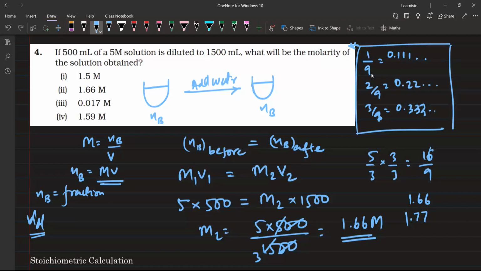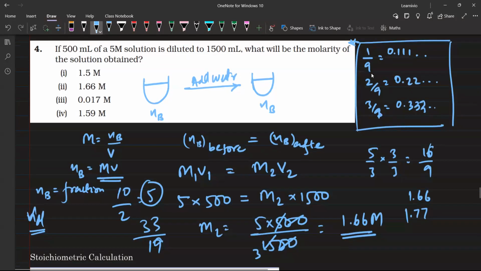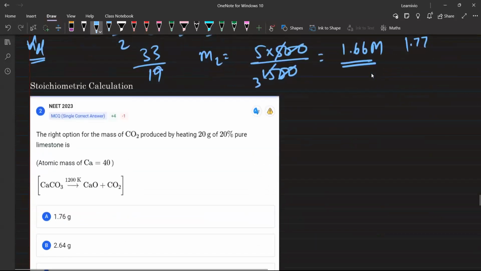So in steps, you will keep the fractions unless it is obvious that you should divide it. For example, if it is something like 10 upon 2, obviously you have to do it 5. But if it is something like 33 upon 17, 33 upon 19, these types of odd numbers, keep it as fractions, don't divide it. So moving on to stoichiometric calculations.